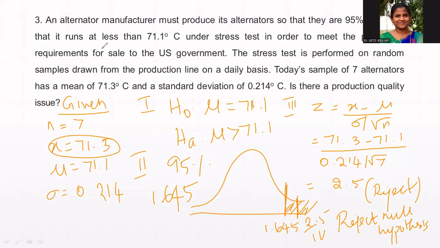Because when I check the population, it is 71.1, but when I check the sample, it was 71.3, a little bit higher. Yes, there is a production quality issue. So obviously you have to revisit the production quality to understand why there is a variation between 71.1 and 71.3.